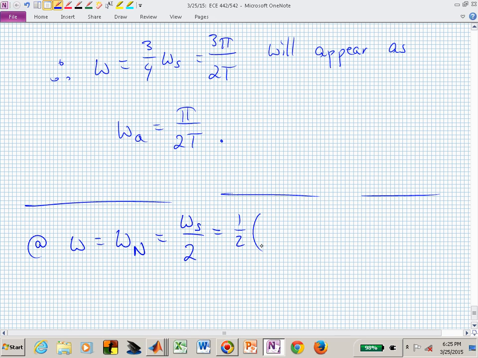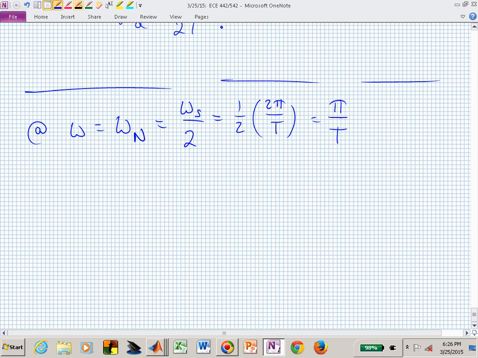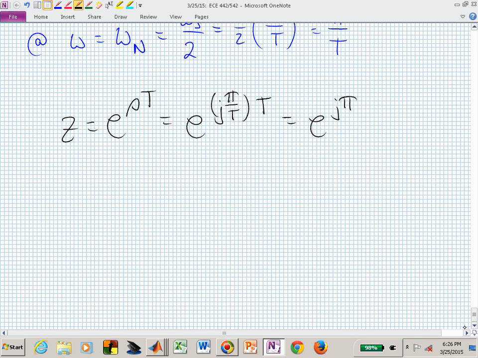This is now 1/2, and omega sub s is 2 pi over T. This is now pi over T. If we map that into the z-plane, that's now e to the j pi, which is really just -1.